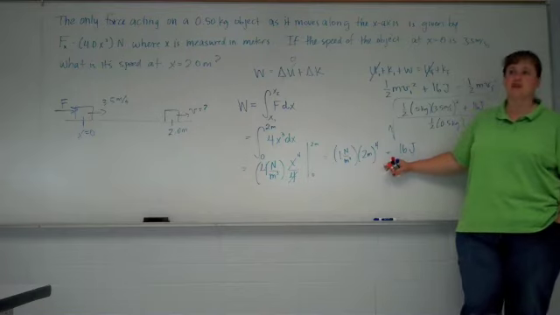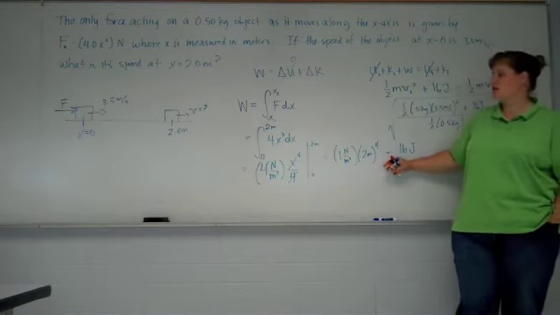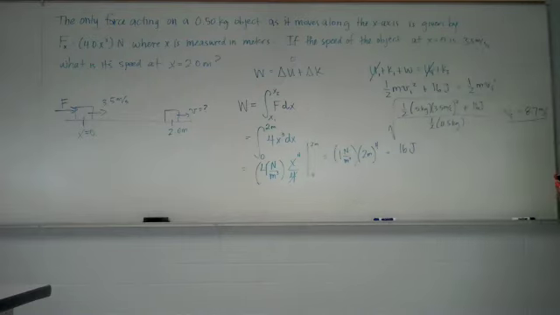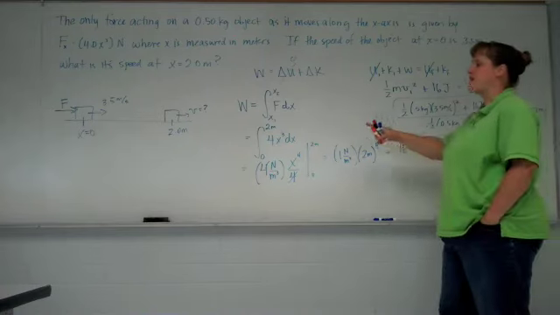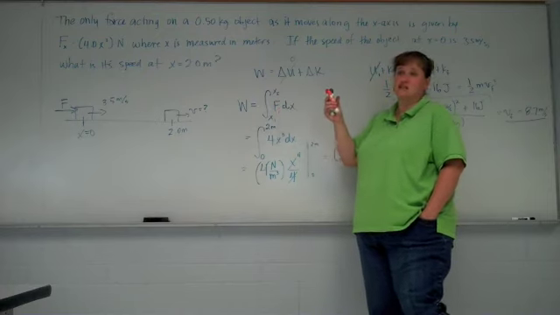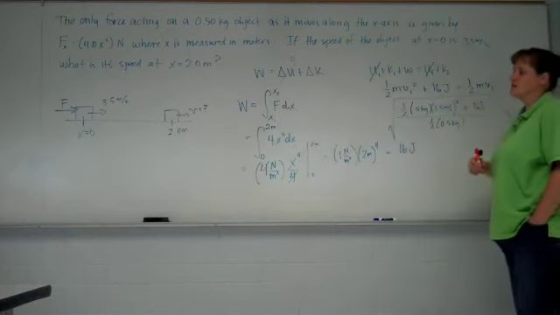That tells you how much work that force did over that distance. Now with friction, for example, we haven't had to integrate because the force of friction is constant. If the force is constant, it comes out of the integral sign. And the integral of dx is just d, the distance that it travels.